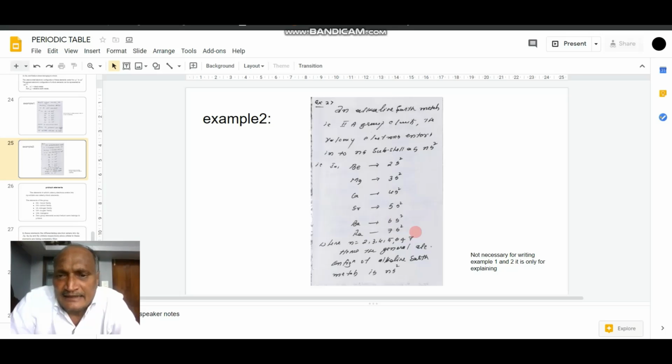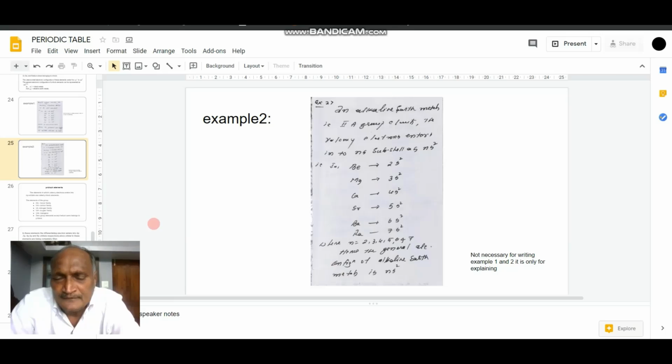The general electronic configuration of alkaline earth metals is represented as ns2, where n equals 2 for beryllium, 3 for magnesium, 4 for calcium, likewise 7 for radium. Hence, the general electronic configuration of alkaline earth metals can be represented as ns2.